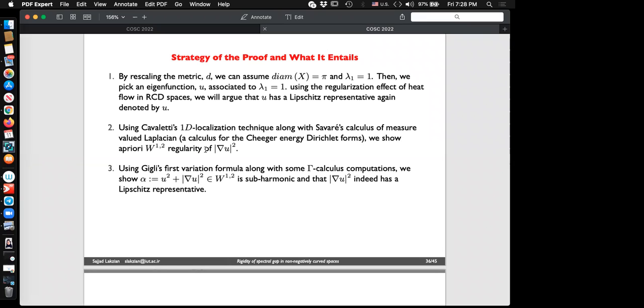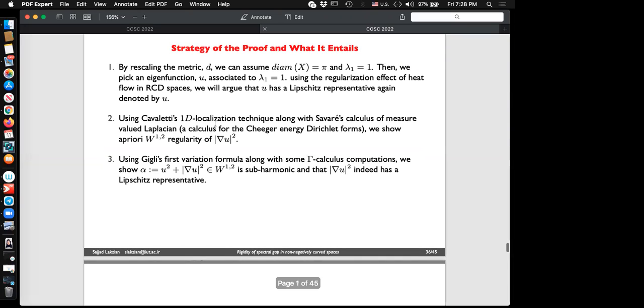It started in Cavalletti's work, and in Cavalletti-Mondino's two papers about 1D localization, they perfected the whole thing. But 1D localization actually goes back to Milman and many other people who worked in this direction.